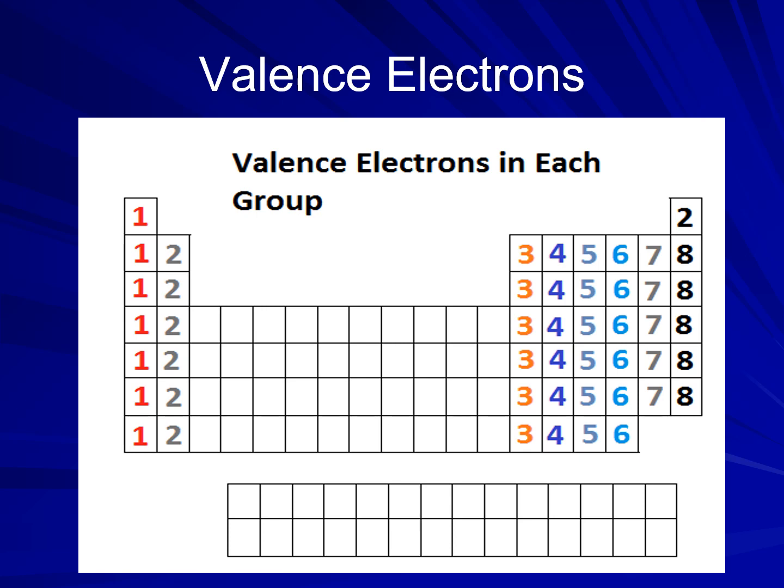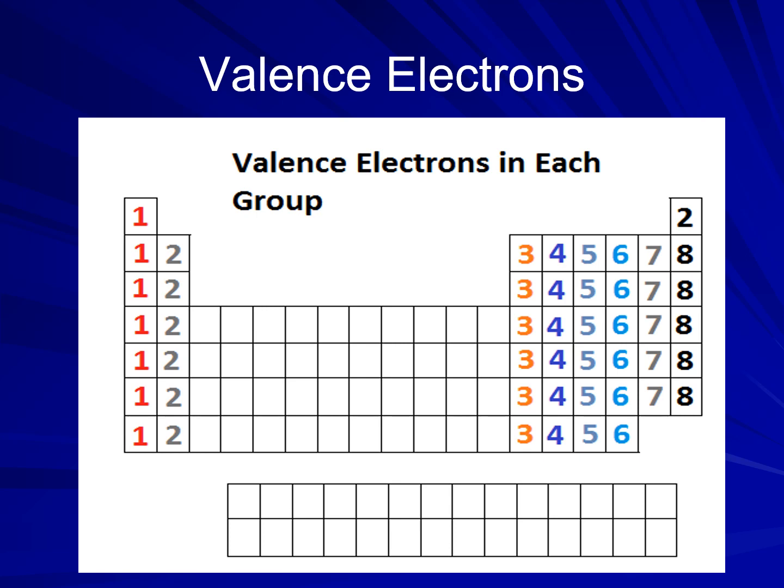Technically, all those transition metals also only have 2 valence electrons, but they've got some other electrons that can act like valence electrons. So we're going to hold off on talking about our transition metals until next unit. Group 13, this is where it gets a little tricky, is going to have 3, not 13.